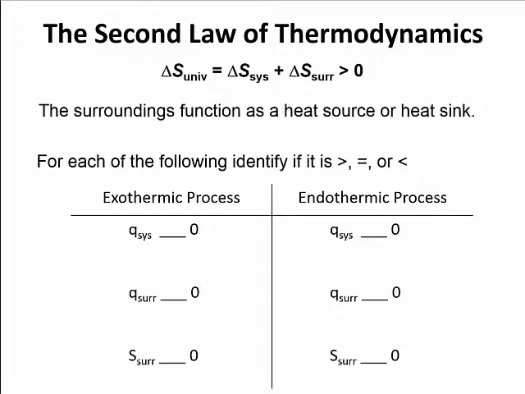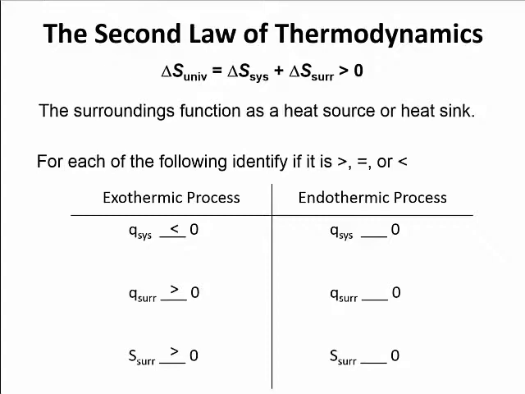For an exothermic process, and keep in mind it's exothermic with regard to the system, we're going to lose heat, which means Q of the system is less than zero. If we're not in an isolated system, that heat goes into the surroundings, so Q of the surroundings would be greater than zero. The net effect is that because we're putting heat into the surroundings, the entropy of the surroundings would be greater than zero.